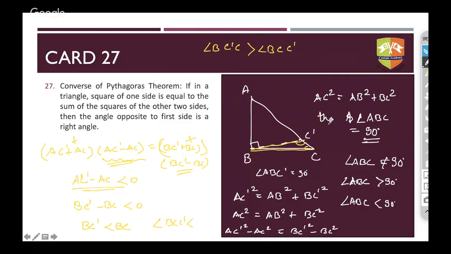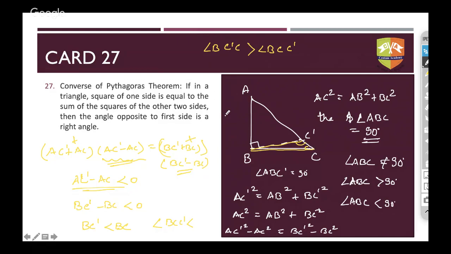One Mehul is suggesting you can even prove by constructing another right triangle such that any two sides of the triangle are equal to any two sides. You can do that, but it will be similar to this approach, I think. So let us first try and resolve this, because nothing should go unresolved. So if we are doing correctly, AC dash minus AC is less than 0, and so hence BC dash must be less than BC.